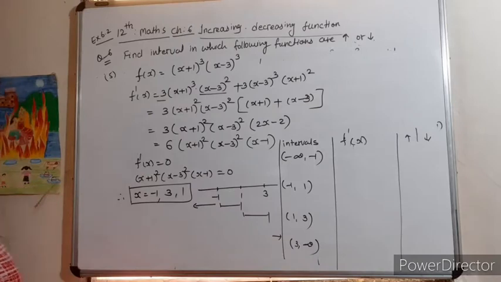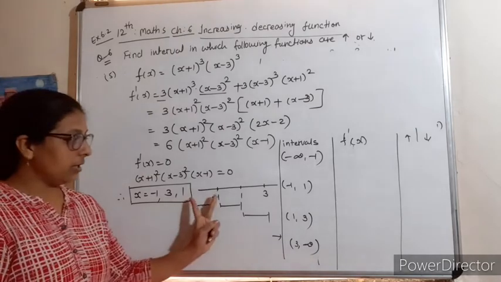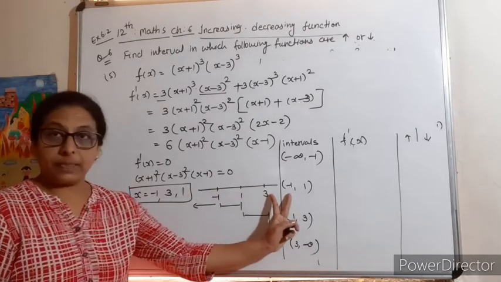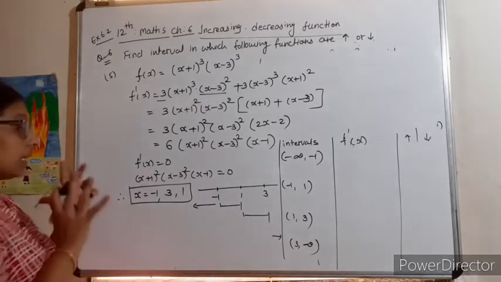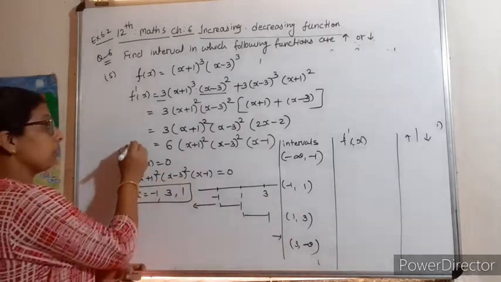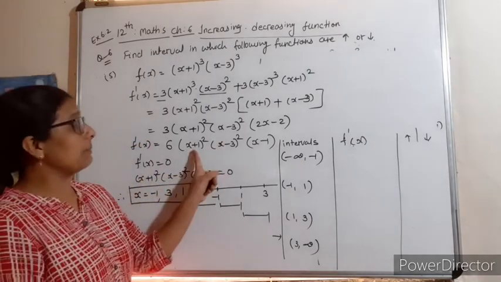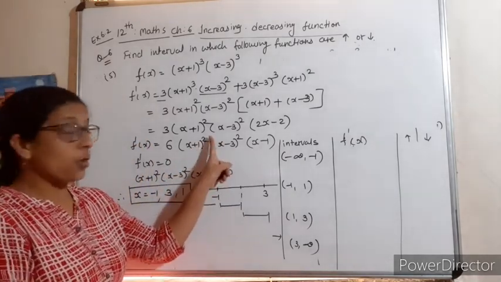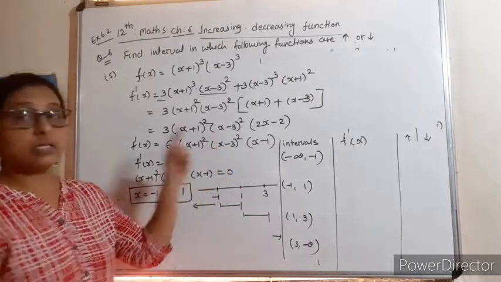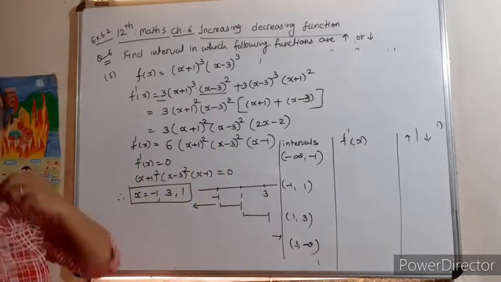Right? 4 intervals are there. Here 1, 2, 3 and 4. Now in first interval, now in this f dash x, what we have to check, that you check it first कि यहाँ कोई भी value रखेंगे, it is the whole square and whenever it is whole square is always positive, you know that.